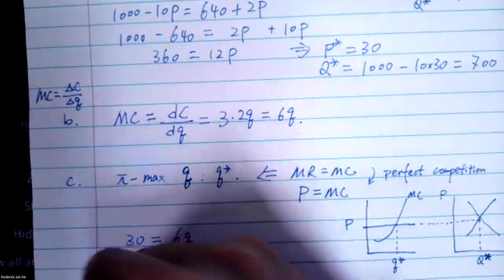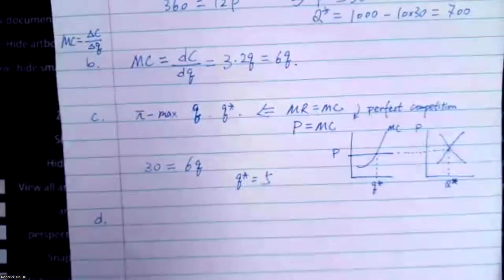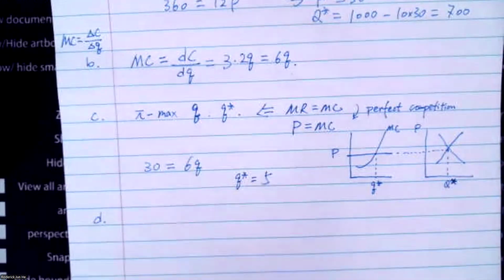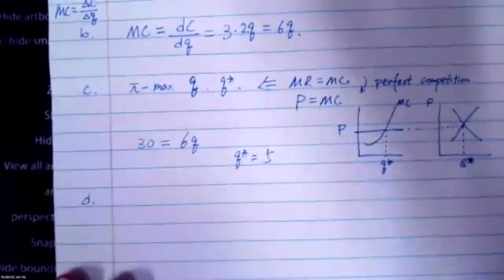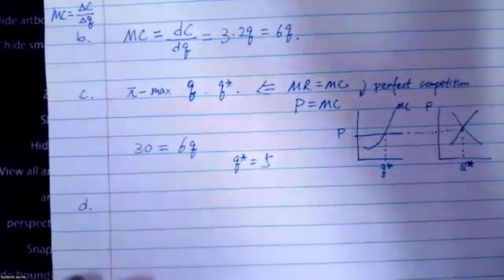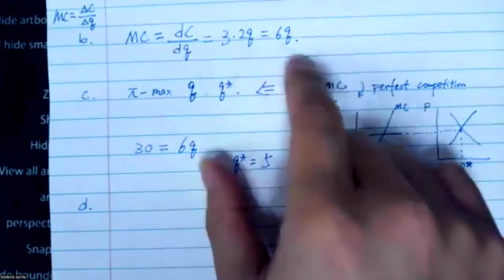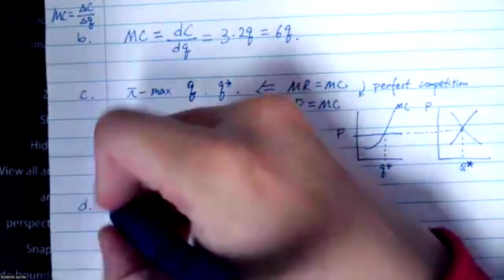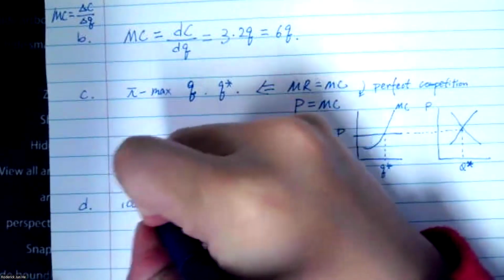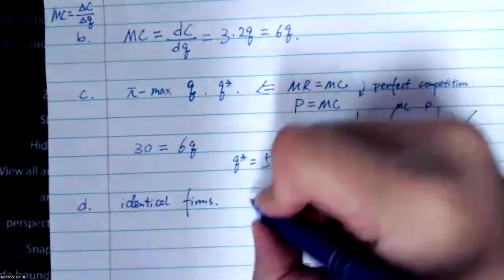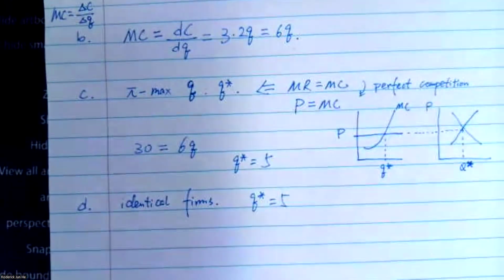Okay, so that's C. And for D, how many firms are there in the local market? Recall that the genesis of perfect competition is homogeneous products. Here, each firm is homogeneous in the sense that their marginal cost is the same. Therefore, those firms are identical, and each firm produces 5 units.